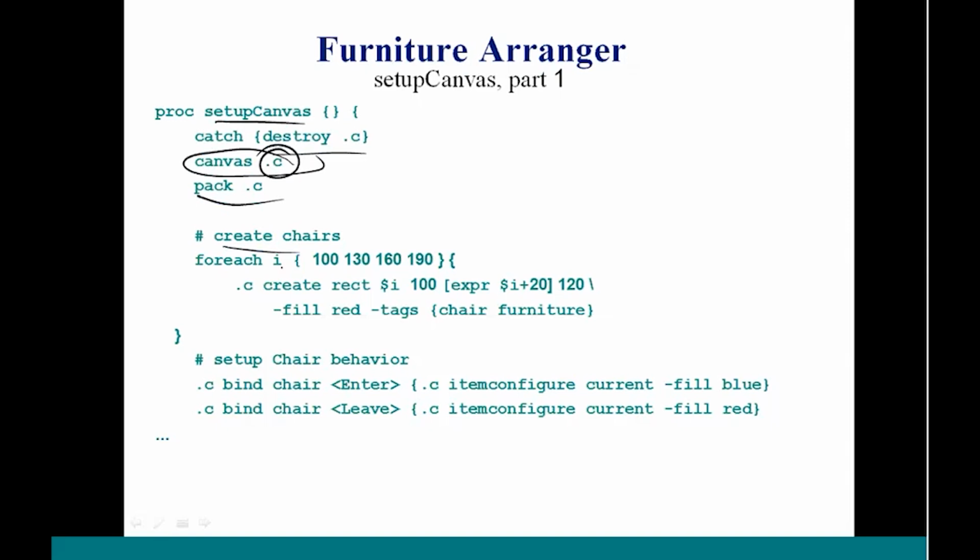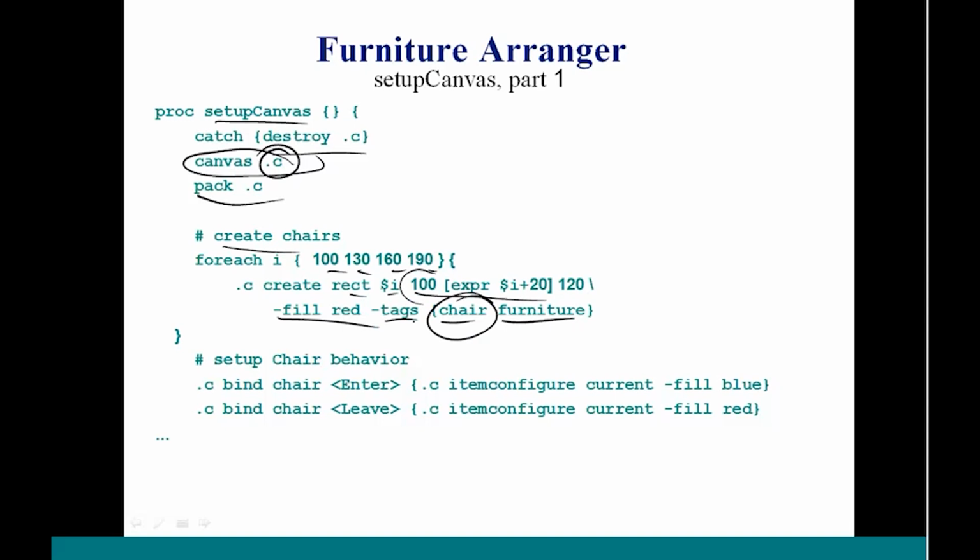For each of these numbers, essentially we create a small rectangle at the actual location that these represent. Then we fill it with red, and tag it as chair and furniture. This indicates the chair, and now we set up the chair behavior.